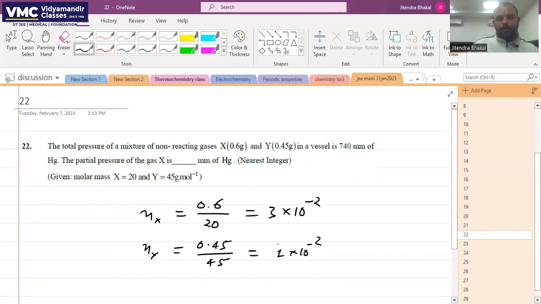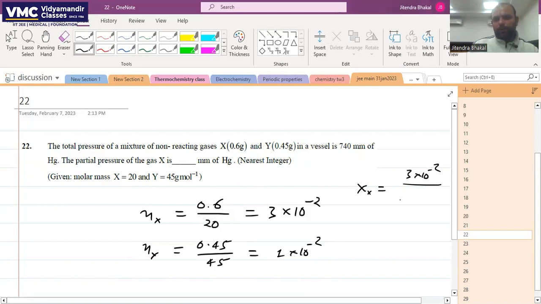So the mole fraction of X is equal to 3 into 10 raised to power minus 2 upon the total moles, that is 4 into 10 raised to power minus 2. So 3 by 4 is the mole fraction. So the partial pressure of X is equal to the mole fraction of X into P total, by Dalton's law of partial pressure.